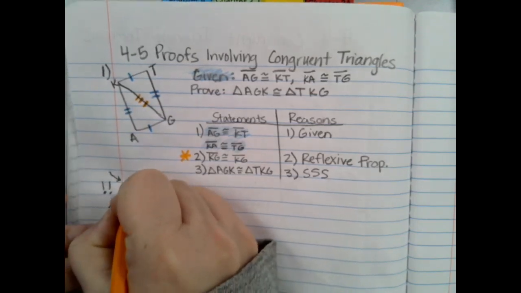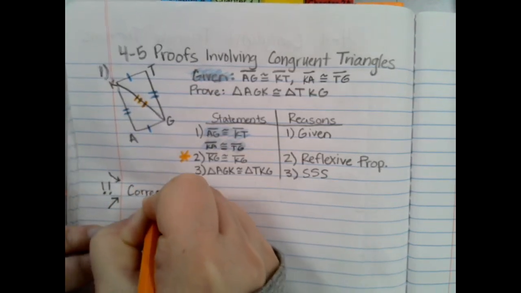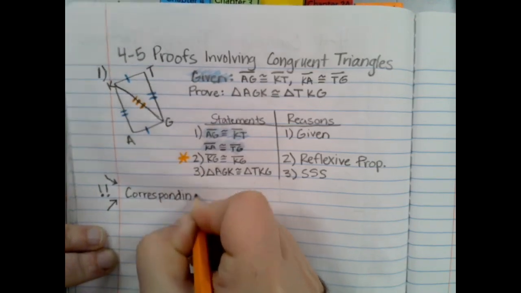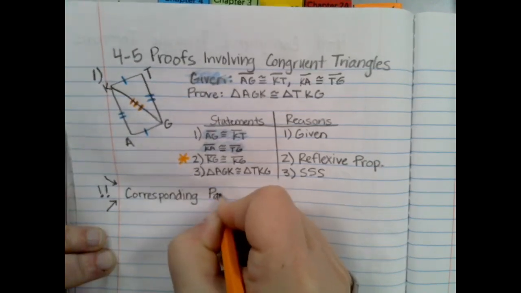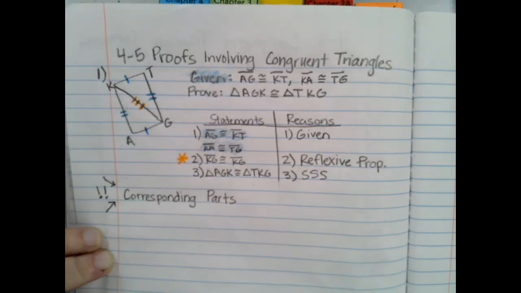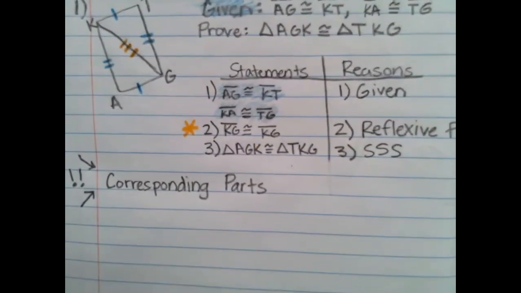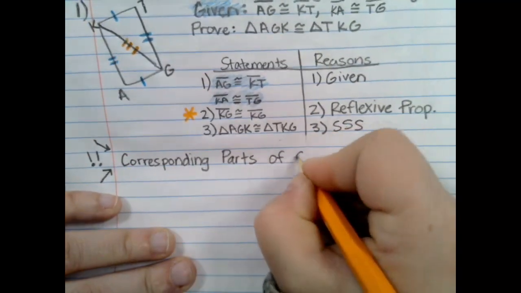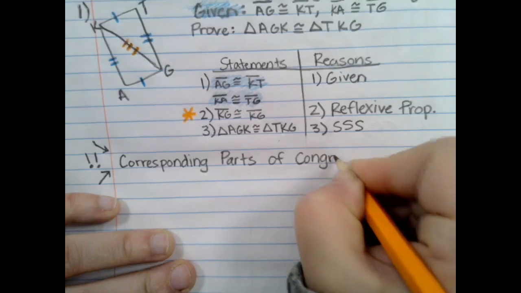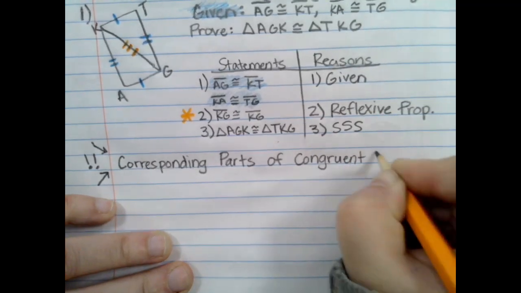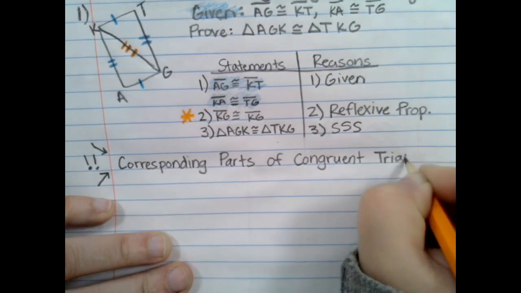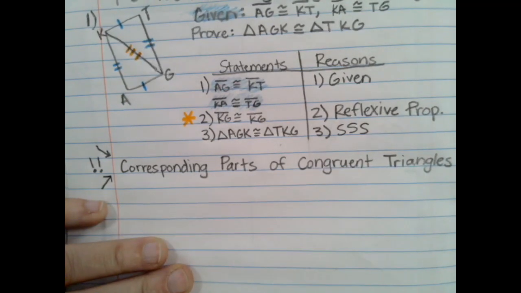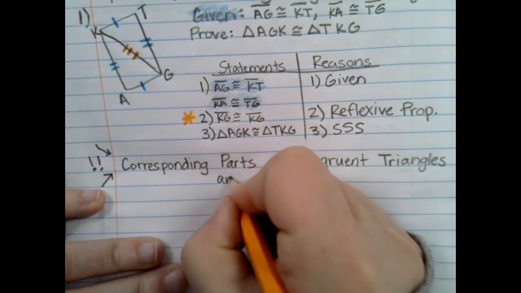You ready? It's called corresponding parts of congruent triangles are congruent.